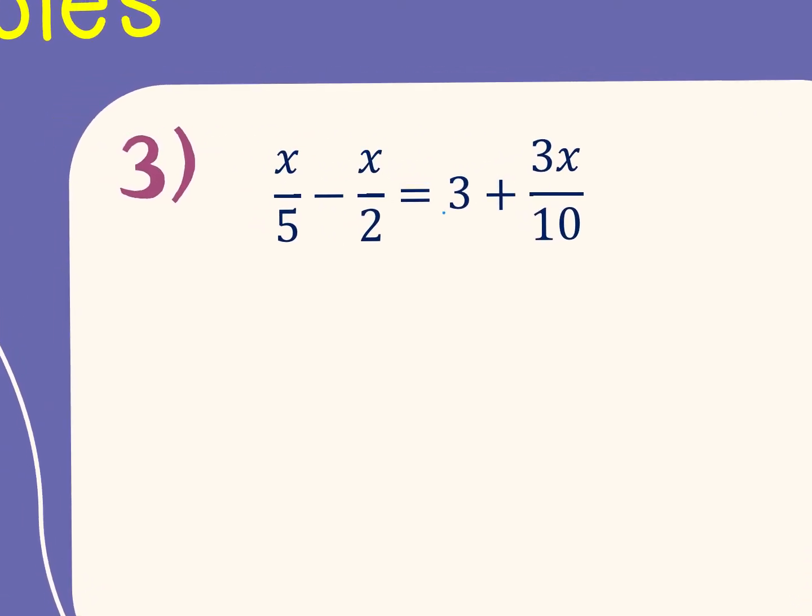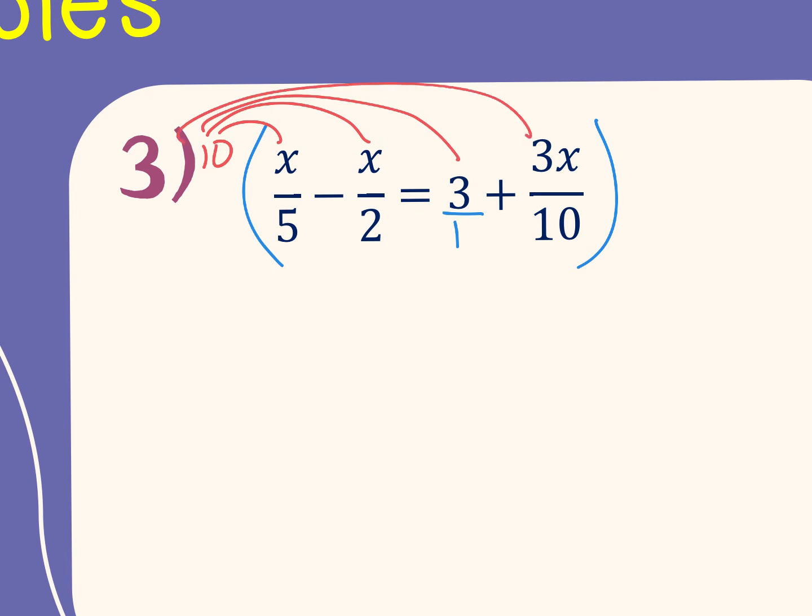If you want to put a 1 under the 3, think of this as first finding the common denominator between 5, 2, and 10, and that common denominator is going to be 10. So think of this as multiplying each piece by 10. I like to write it right next to it, just so I can see it a little bit better.